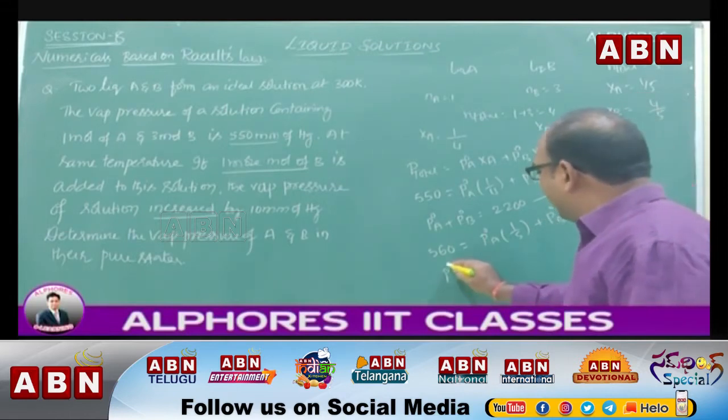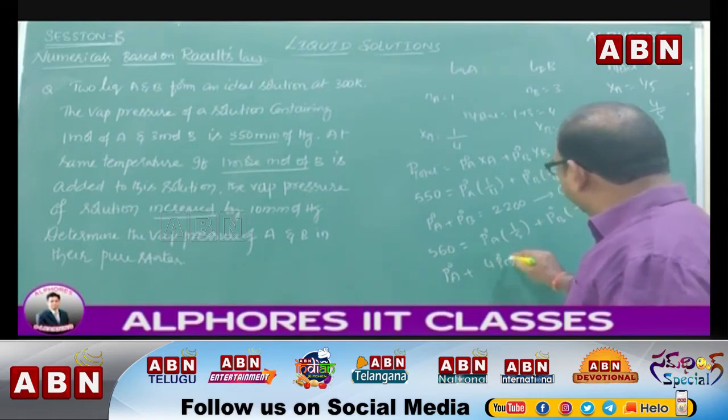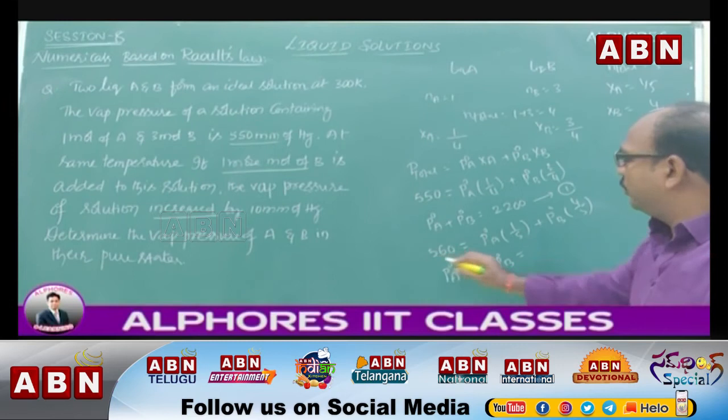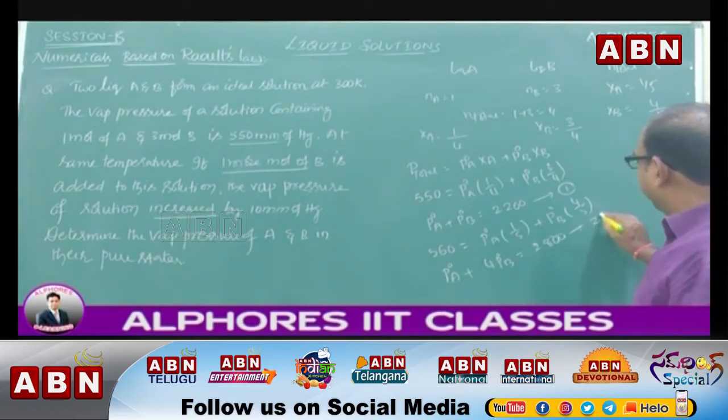That means we can write this as P naught A plus 4 P naught B is equal to 5 into 560. That means it is 2800.